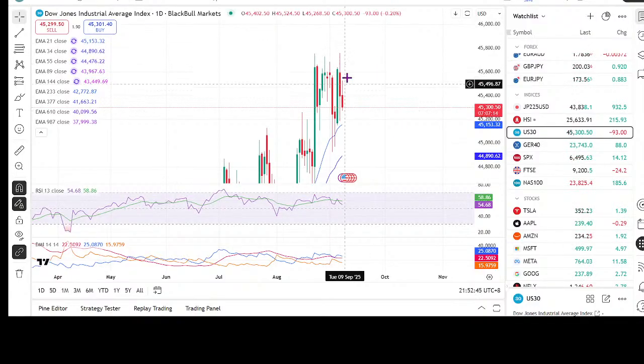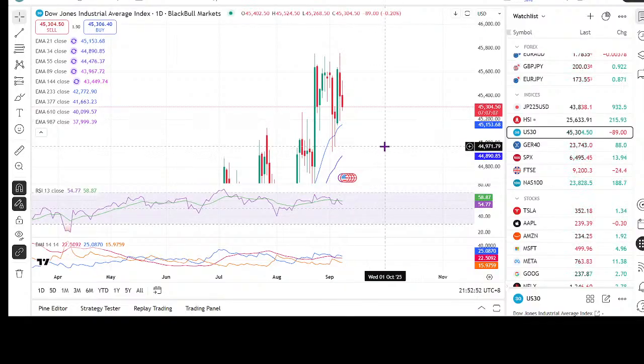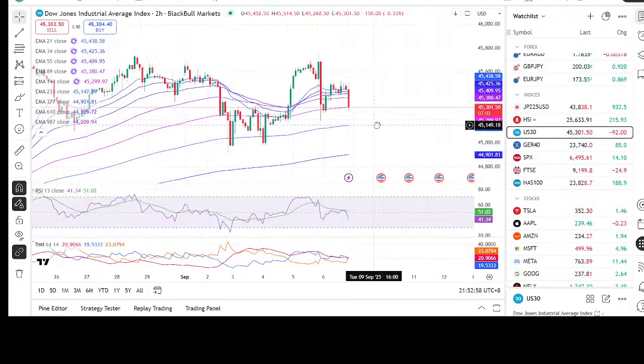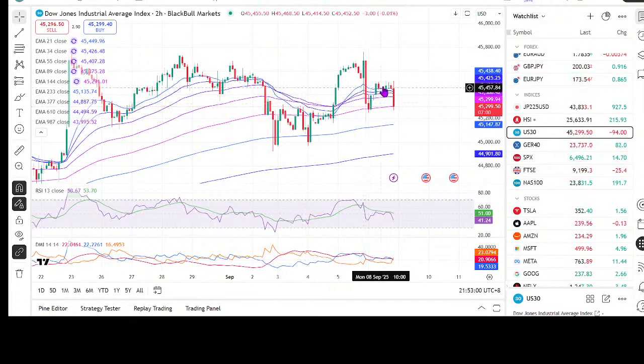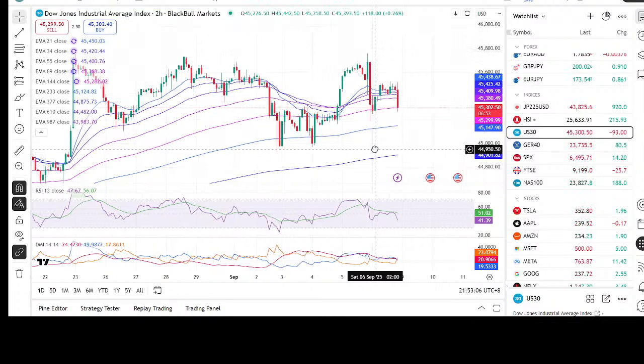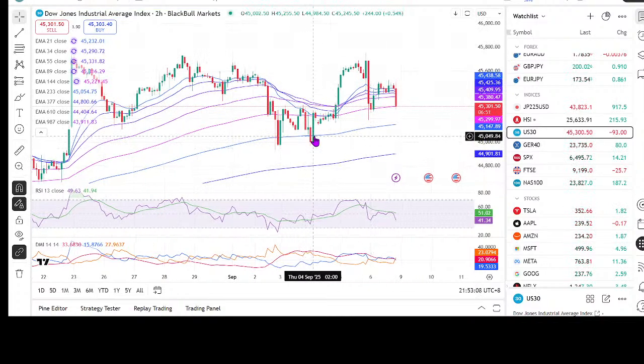So right now this is in a range, and we are expecting the price to go towards 45,200 or lower. To know that answer, of course, we need to see a lower time frame. If this is making a lower high, then possibly we should be seeing this low tested.